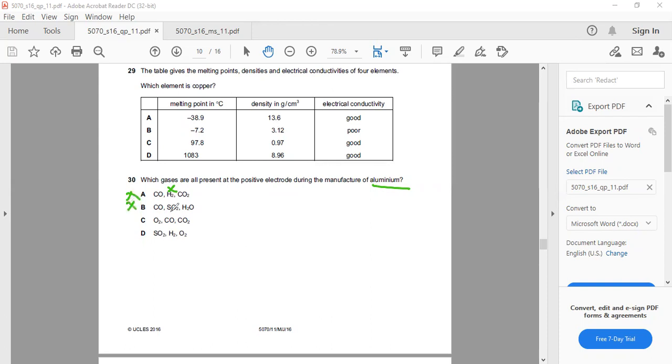There is no sulfur dioxide in the manufacture of aluminum. D is also wrong. C is the answer. Apart from oxygen, the carbon of the anode reacts with the oxygen to form carbon monoxide and carbon dioxide also. Which is why the anode blocks are burnt away and we need to replace them.